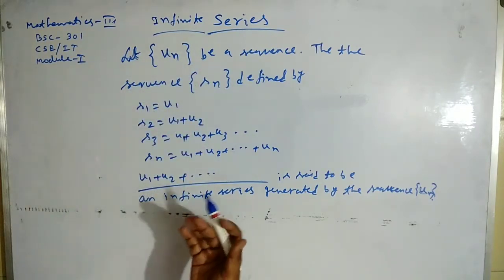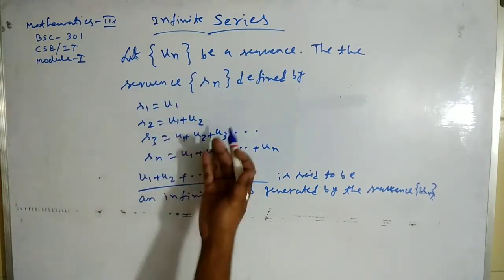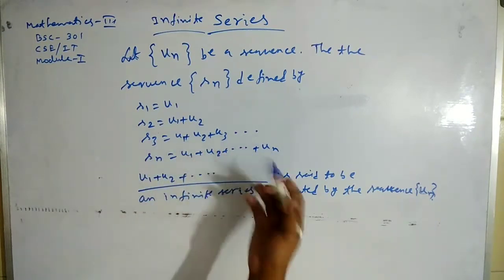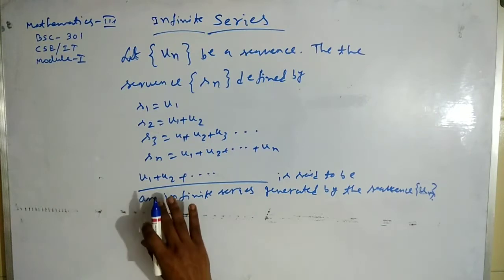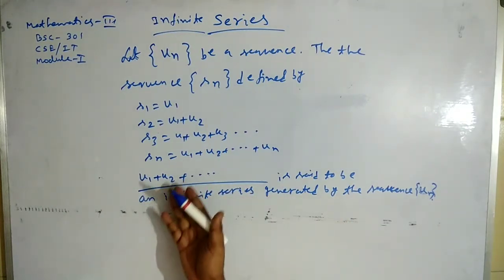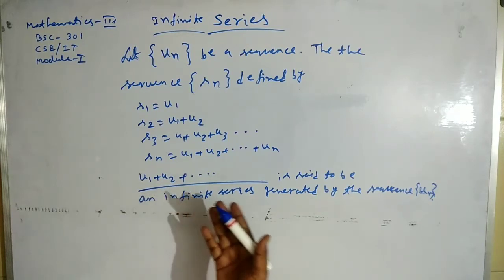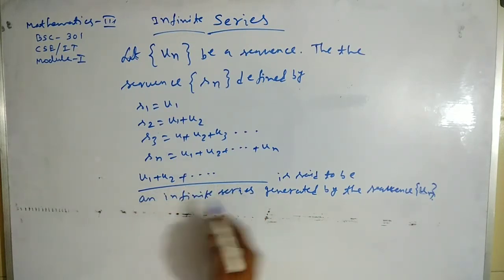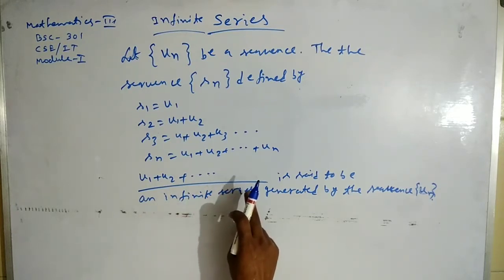Second term will be the sum of first term and second term. S3, third term will be U1 plus U2 plus U3. Like this, the sequence will continue infinitely. So if we go on like this, U1 plus U2 plus U3 plus ... it will continue infinitely.